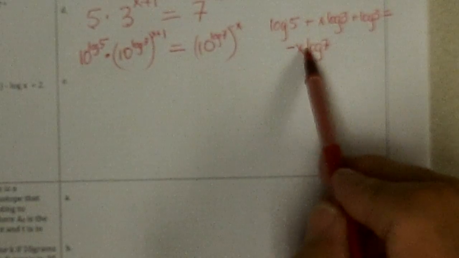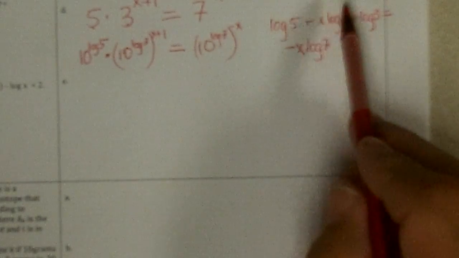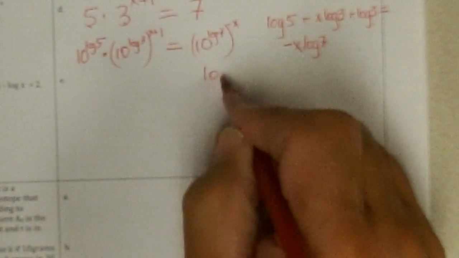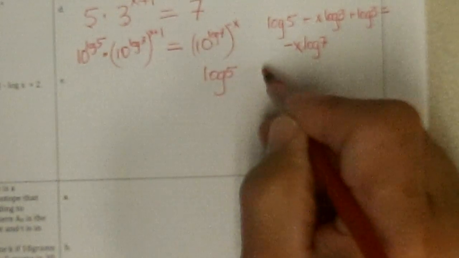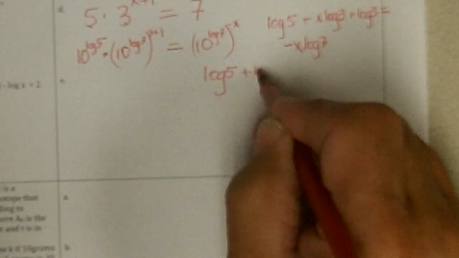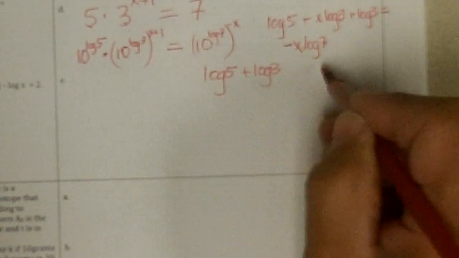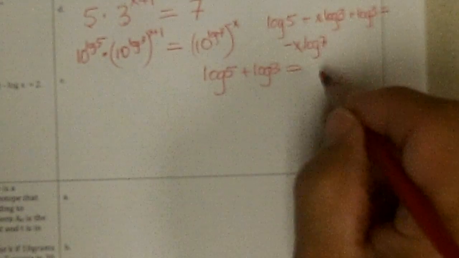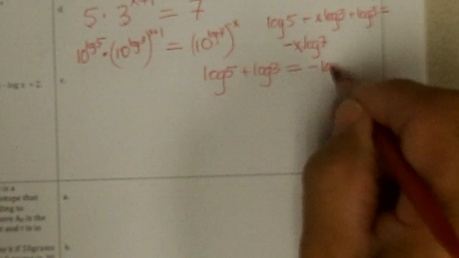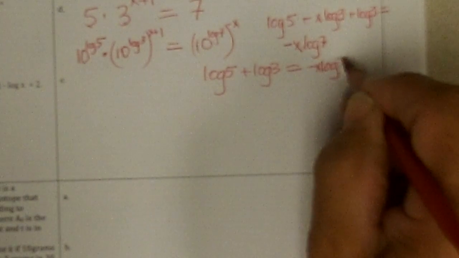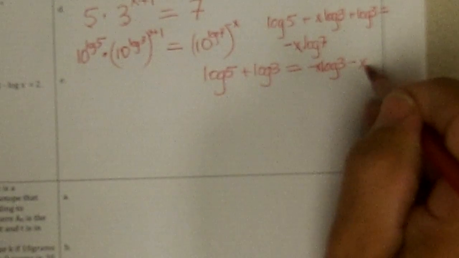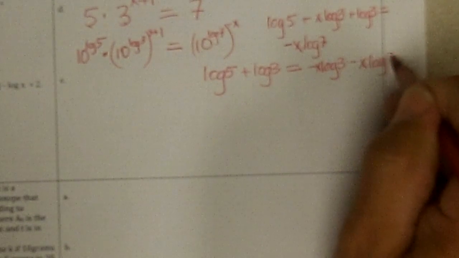Now I have x in this and x in this, so I'm going to subtract this one to the other side. So I'm going to have log of 5 plus log of 3 equals negative x log 3, subtracting that one over, minus x log 7.